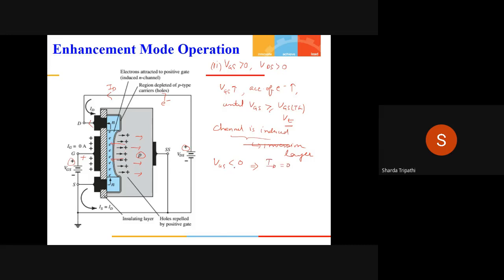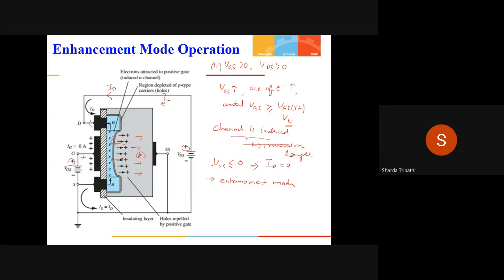So if VGS is less than 0 or VGS is equal to 0, in these two conditions we do not have any drain current in this device. So we say that this device works only in the enhancement mode. Why? Because when VGS was less than 0 or equal to 0, the channel was not existing.